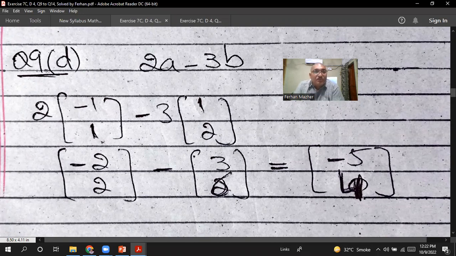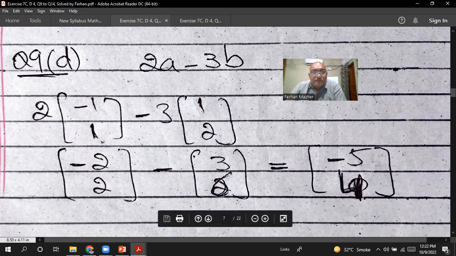So it will be minus 2, 2, minus, and just take the 3 inside. It will be 3 and 6. Minus 2, minus 3, it will be minus 5. 2 minus 6, rather, it should be minus 4. It should be a minus here, okay? Minus 4.